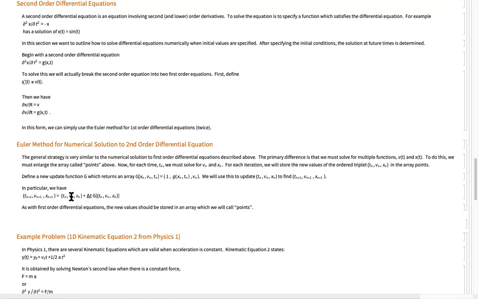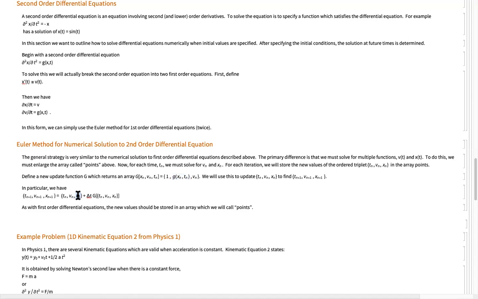And then for the velocity, the new velocity is going to be the nth velocity plus delta t times what's in the second entry of g. That was the right thing, because I want to increase velocity by g times delta t. That's right.